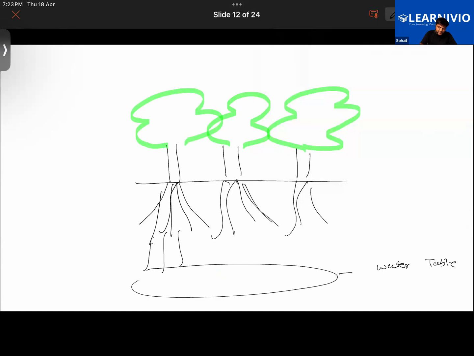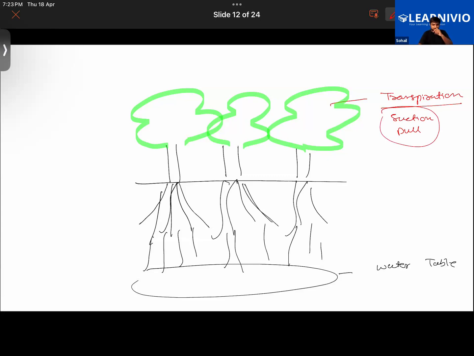This groundwater is being continuously pulled upward by the trees due to transpiration. You guys know about transpiration, isn't it? We have studied about transpiration, no? Yes. So transpiration generates a suction pull. Thereby these roots are continuously pulling water from the groundwater in the upward direction.